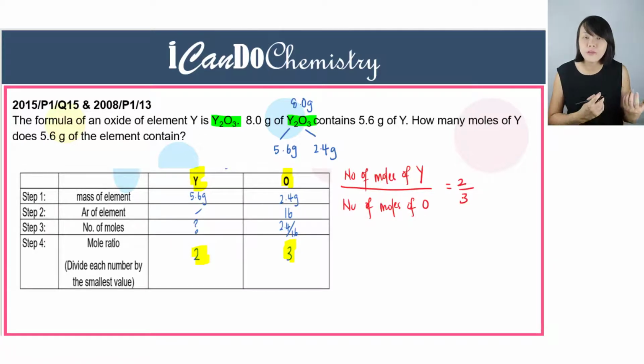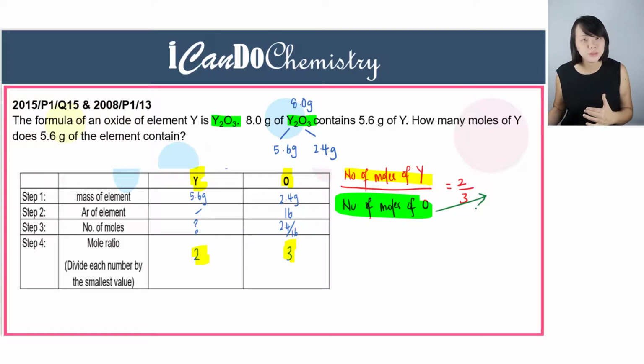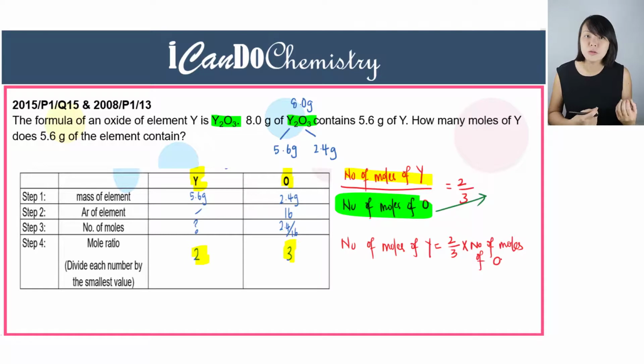In this question we are focusing on the number of moles of Y, which means we want this numerator, right? So we need to make the number of moles of Y the subject. What we can do is bring the denominator, the number of moles of O, up to the other side of the equation. So the number of moles of Y will be 2/3 multiplied by the number of moles of O.